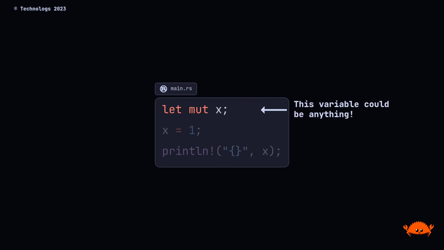It could be an integer, a float, a boolean, or even a string. In other words, it could be anything, and the Rust compiler will not allow us to create a variable if its type is unknown, since it affects the integrity of our program. That's why we need to specify the type when we create any variable.